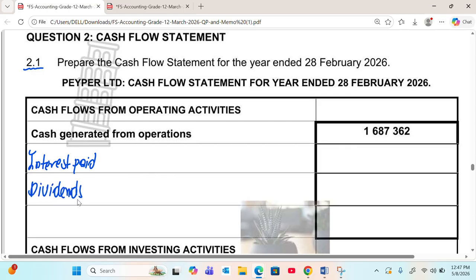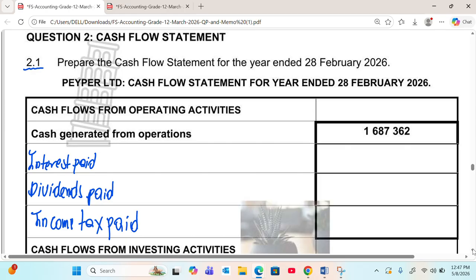Dividends paid, guys, any information that is associated with dividends, it will be recorded under cash flow from financing activities. And as well, we need to minus the income tax paid. So that is what we record under cash flows from operating activities.